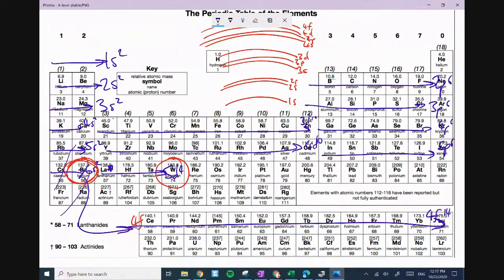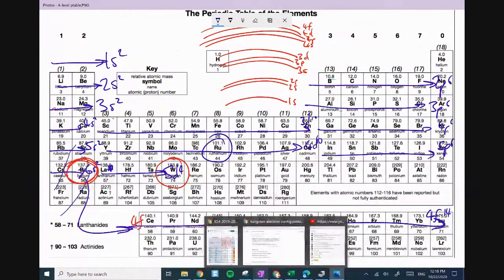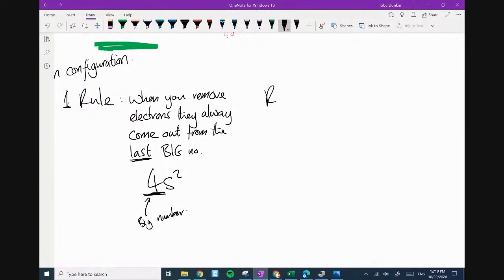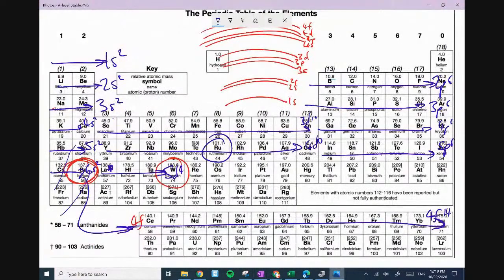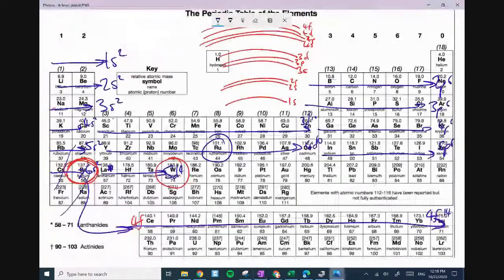Let's choose rhodium. Why not? Rhodium is Rh. Ruthenium is Ru. Sorry, I'll say someone else. So I'm doing ruthenium.